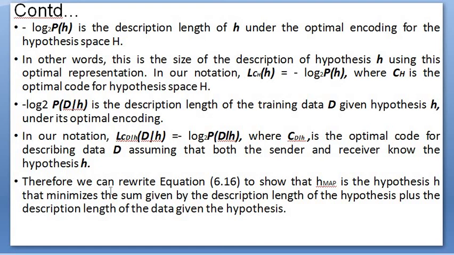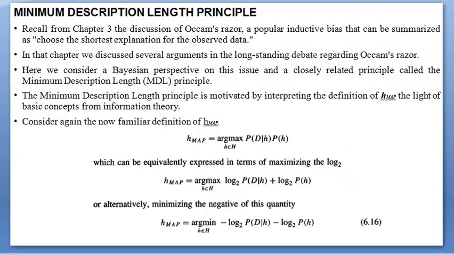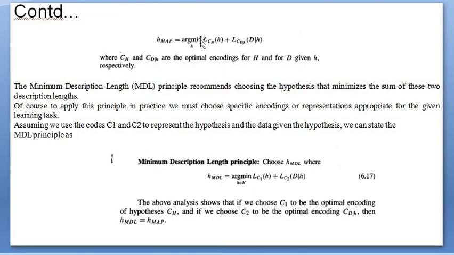Therefore, instead of writing minus log to the base 2 of P(D given h) and minus log to the base 2 of P(h), we can rewrite the equation as argmin of L_CH(h) plus L_C(D given h)(D given h). So we already know what C_H and C(D given h) are.